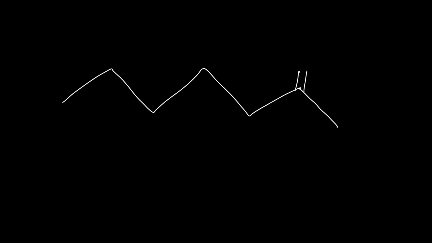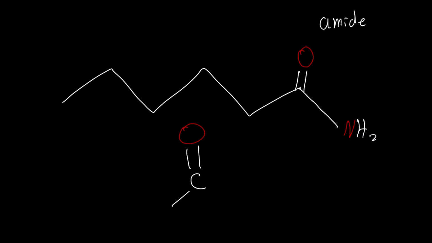Now, before you think the whole thing with oxygen double bonded to carbon is over, let me introduce you to amides. An amide is when you have an oxygen double bonded to a carbon, and this carbon usually attaches either to carbons or hydrogens, which is what the R means, and then you have an NH2 group at another end.